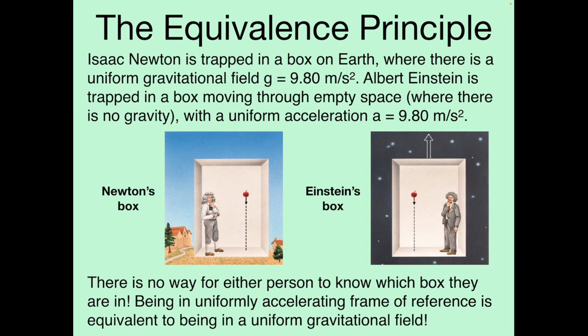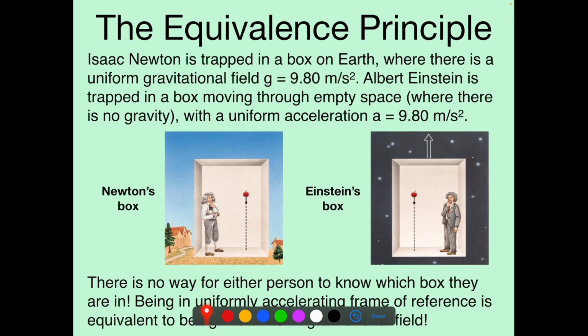We have Isaac Newton trapped in a box, which is on Earth, where there is a uniform gravitational field. As we know, g is equal to 9.8 meters per second squared on Earth. So that's the situation that Newton is in. Albert Einstein is in a different box, which is moving through empty space.